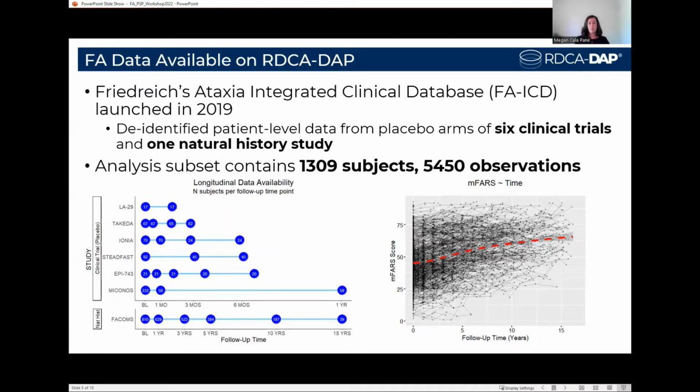And then one of the outcome measures included in the FAICD that's used to track FA progression is the Modified Friedreich's Ataxia Rating Scale, or mFARS. And this is displayed in the figure to the right, where individual patient trajectories are represented by the connected black dots, and the red dashed line shows the general trajectory of progression for the whole FAICD cohort.